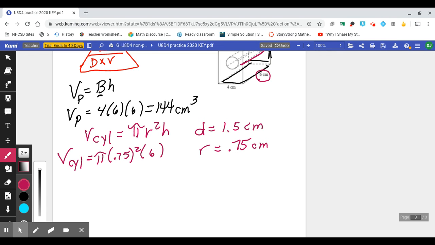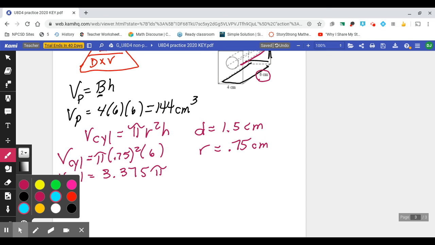Okay, so if we square 0.75 and multiply by 6, we have the volume of the cylinder is 3.375 pi. All right, so I'm just going to leave that in terms of pi because that's the easiest thing to do in my calculator. And now, of course, I'm going to do that subtraction where I take the volume of the prism minus the volume of the cylinder.